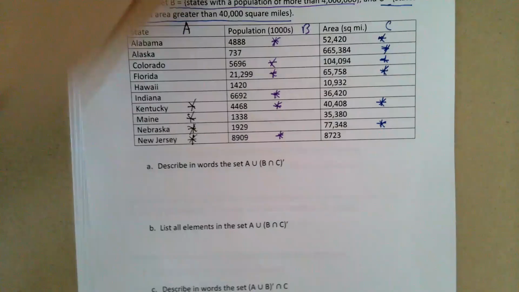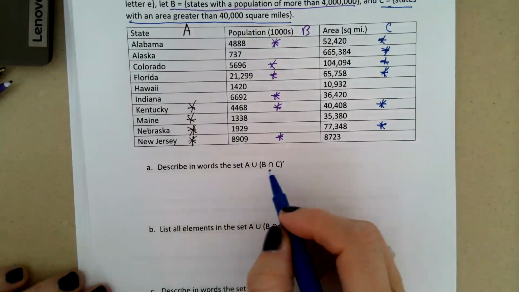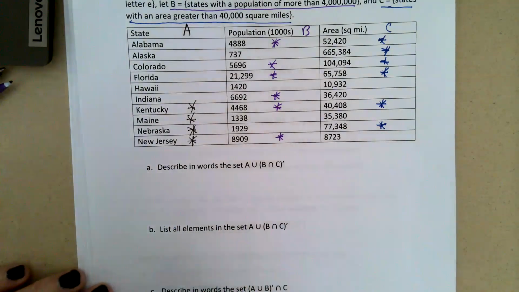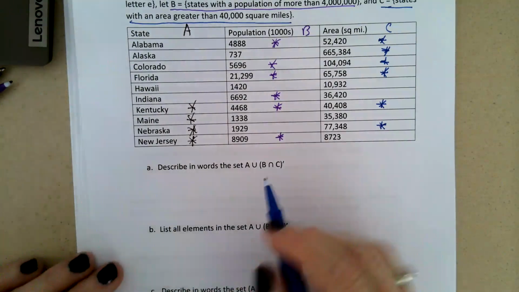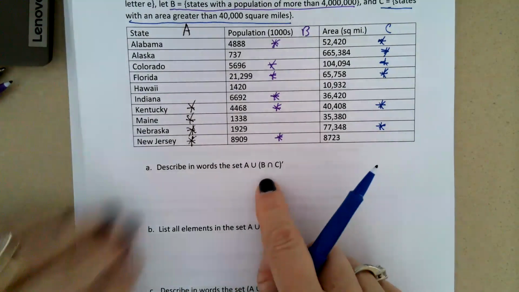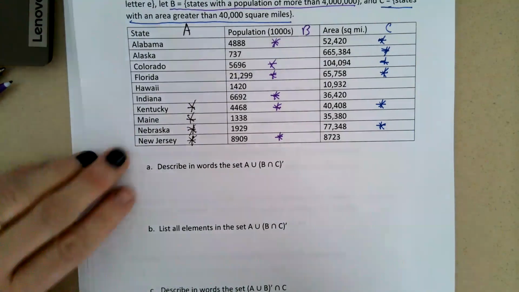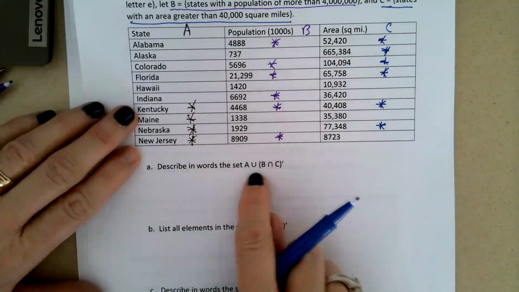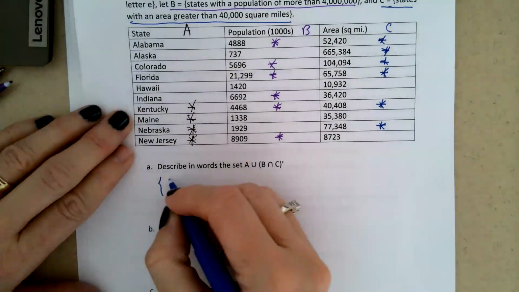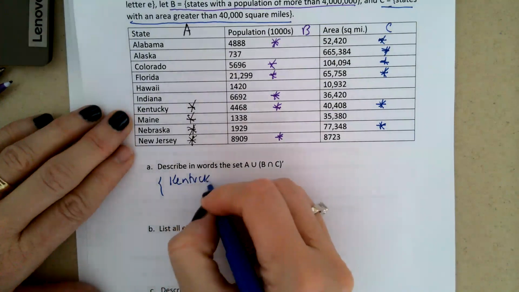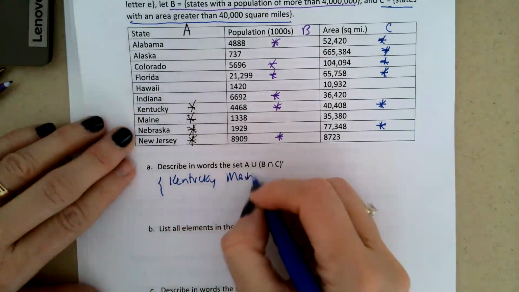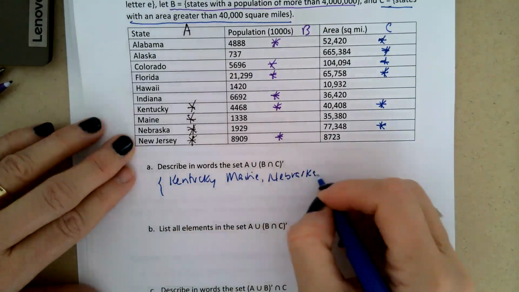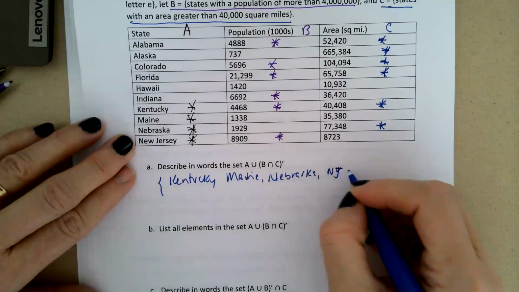So now it says, describe in words the set A union, not the intersection of B and C. Okay. So union means anything in A with anything over here. So we know A for sure is going to be Kentucky, Maine, Nebraska, and New Jersey.